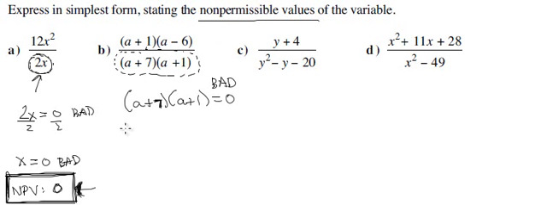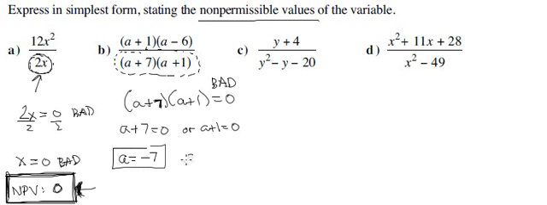We can take these separately and say either a + 7 equals 0 or a + 1 equals 0. Either one of those would be bad. And so, solve each of these separately. If a is minus 7, that's bad. Or if a is negative 1, that's bad. Those are our two non-permissible values.